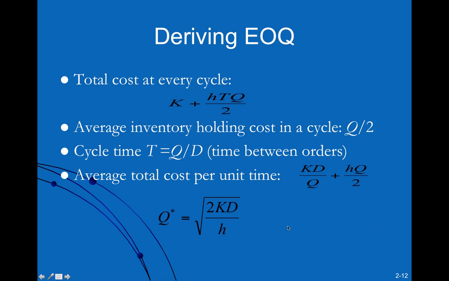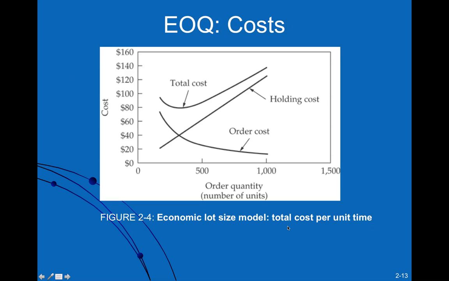Okay, so let's continue. If we look at the parts of this total cost function, we will see that the unit costs per order decrease as we increase our order quantities, but the carrying cost increases linearly as a function of Q, and so therefore the optimum value is somewhere around here.